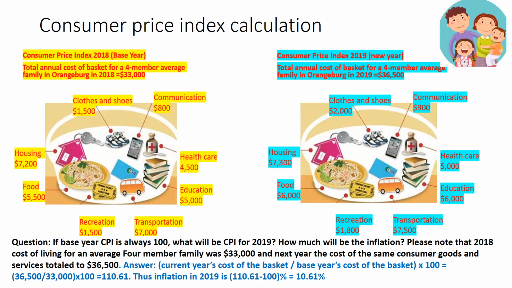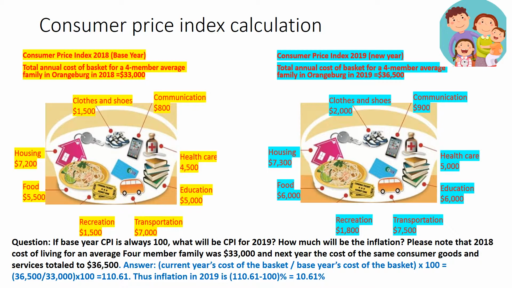Over here we see that we have data for 2018 on the yellow highlighted part of the basket. You see a basket, kind of like a picnic basket, and inside that we have some housing expenditure items, foods, recreation, transportation, education, healthcare, communication, and clothes and shoes.